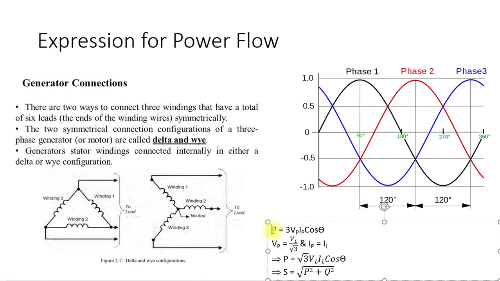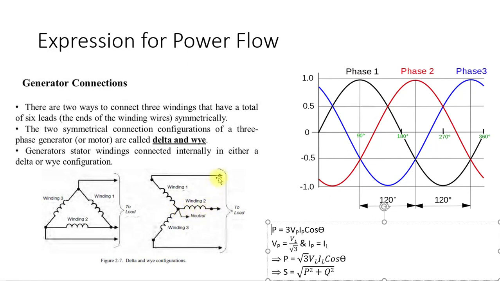How can we write the equation for the power in a balanced three-phase system? Here we have two kinds of quantities, depending on whether we connect the system in the form of a delta or a Y. Suppose we connect our system in the form of a Y, where all three phases have a neutral point.